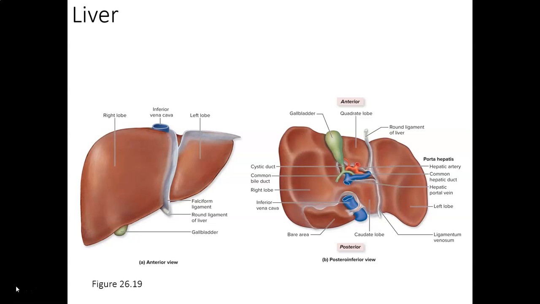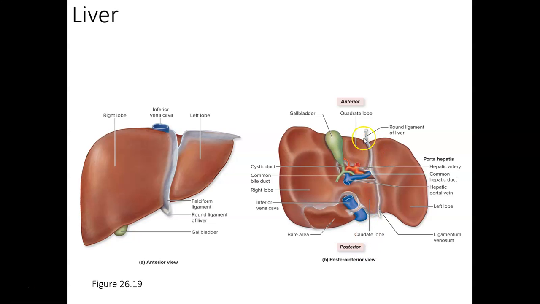So let's have a look at the liver. So liver, this is the anterior view. You can see two lobes, right lobe and left lobe. Actually, liver has four lobes. So you can only see the other two lobes when you look from the posterior inferior view, because those other two lobes are smaller.